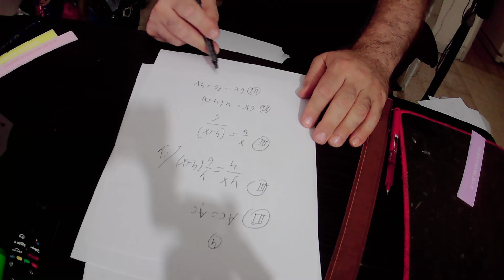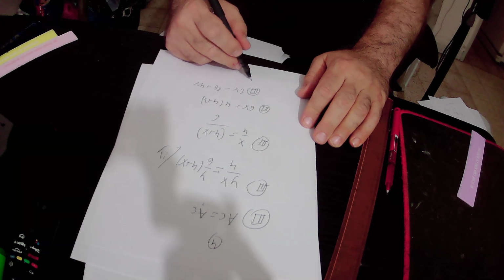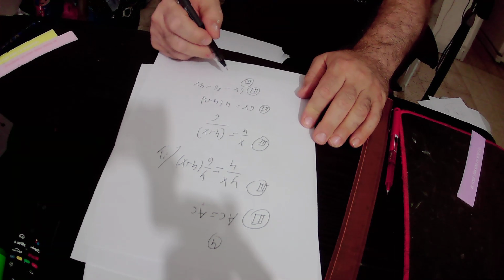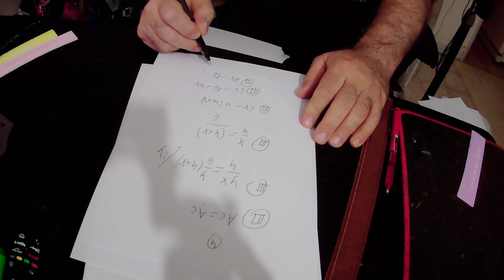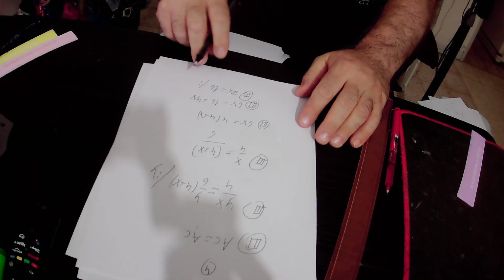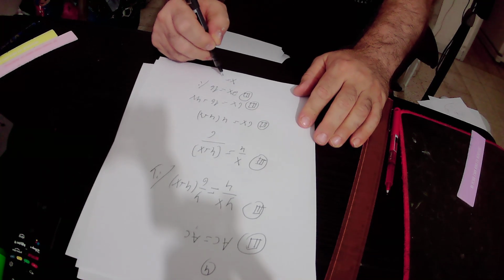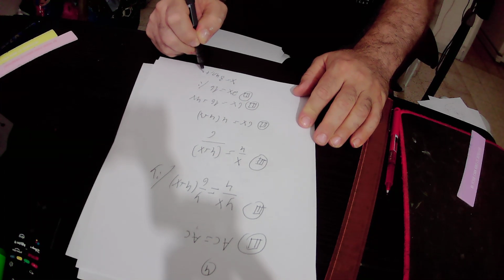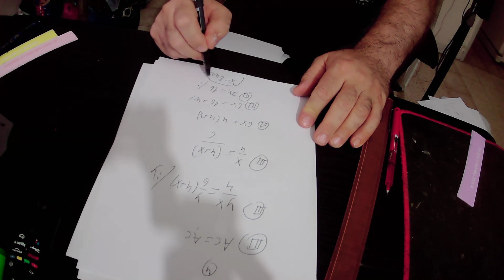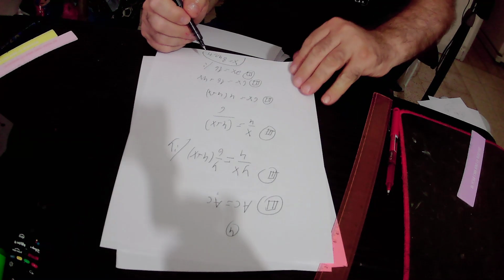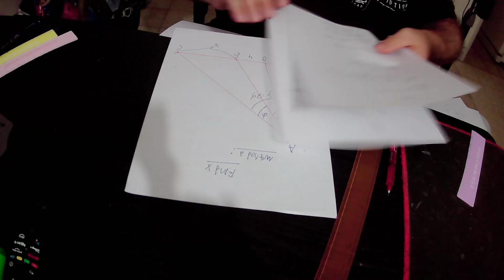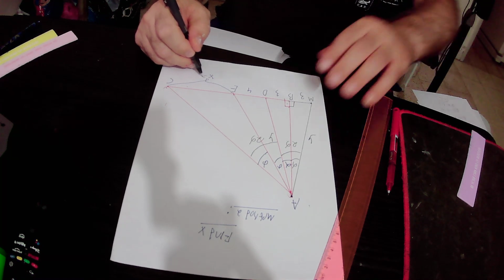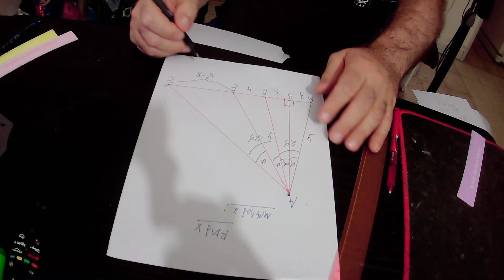Here we will subtract 4x from this equality, and we will get that 2x equals 16. We will divide this equality by 2, and we will get that x equals 16 over 2, which is 8. So we found out in the second method that the value of x is 8 units, exactly what we found in the first method. So x equals 8 units, so EC equals 8 units.